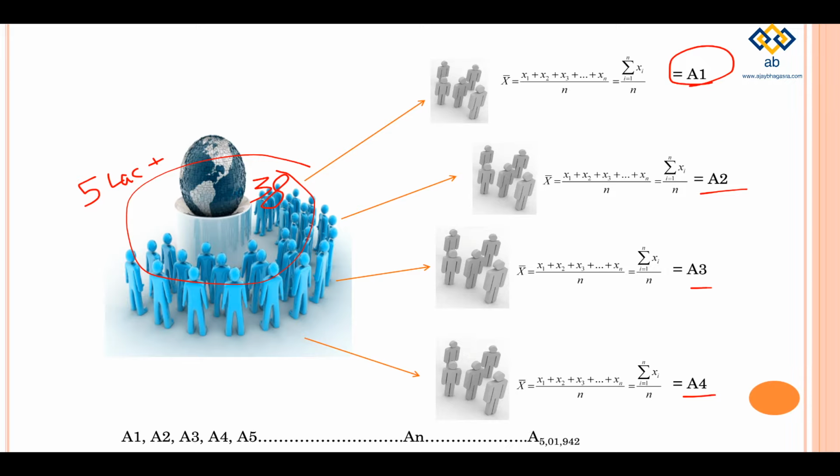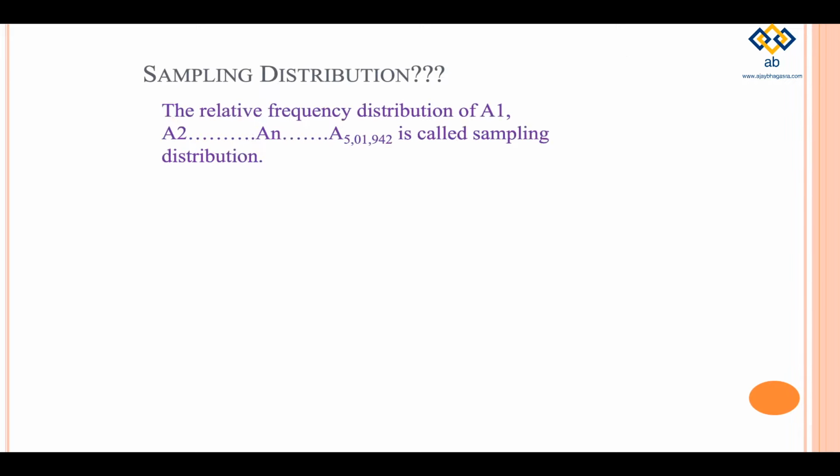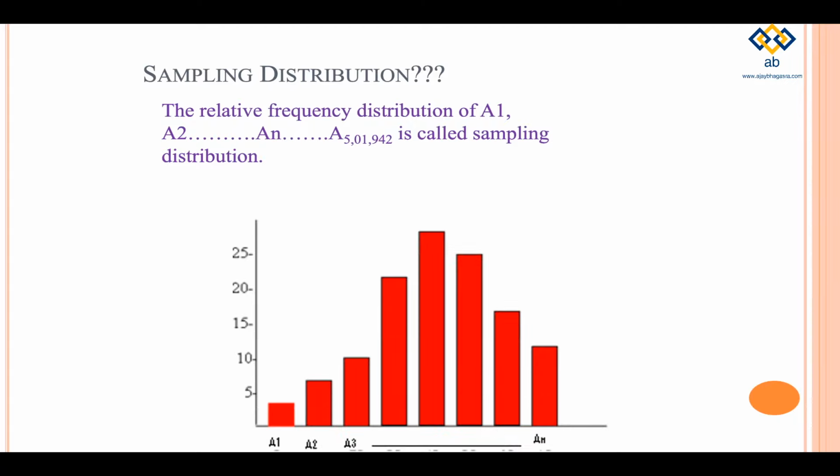If I draw the relative frequency distribution of A1, A2, AN to A 5 lakh, then that is called a sampling distribution, right? Let me reiterate, if I do a frequency distribution of A1, A2, AN, A 5 lakh, then that would be called a sampling distribution.